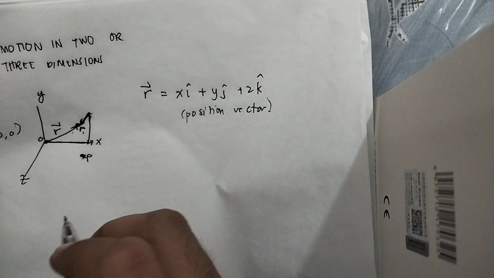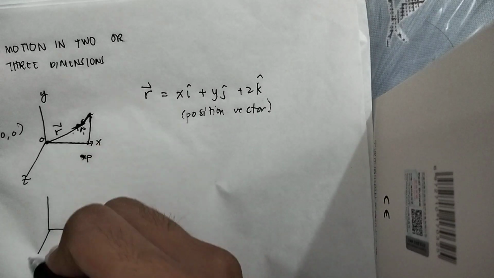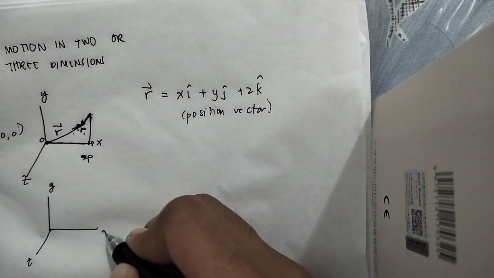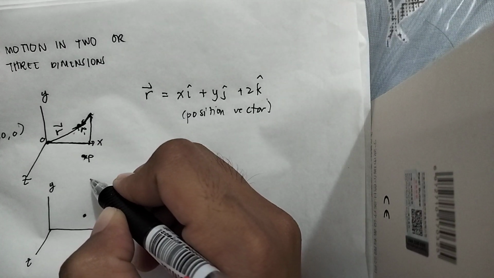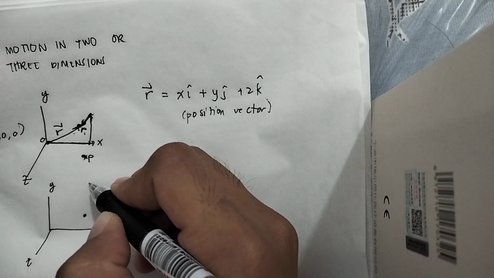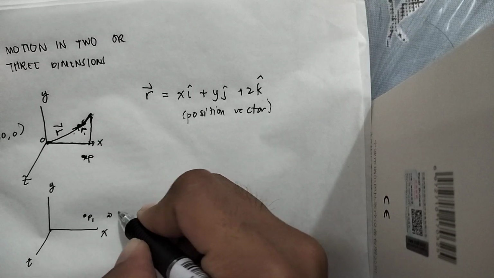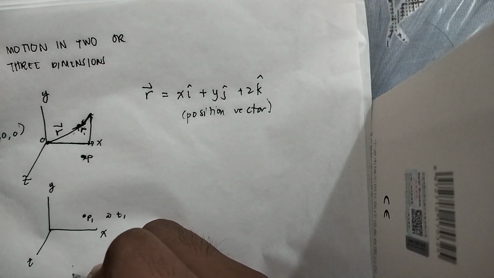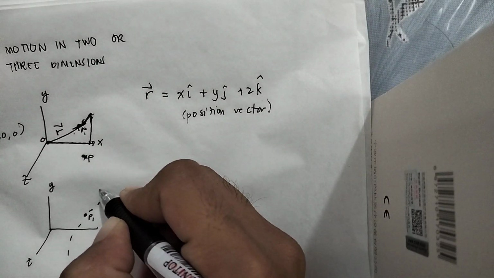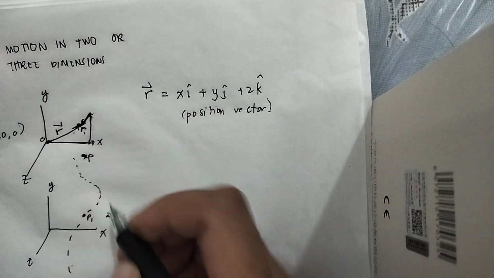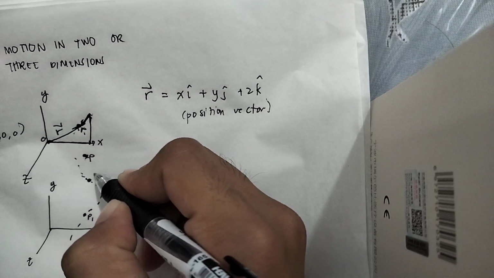Let's say the particle moves from P to P1, along its path. This is the position at time 1, and this is at time 2.